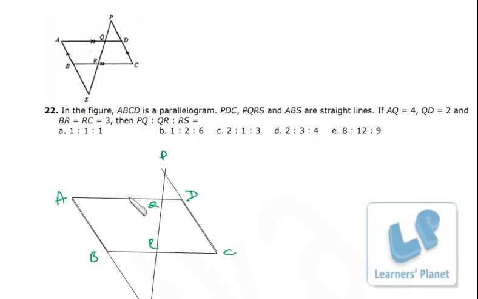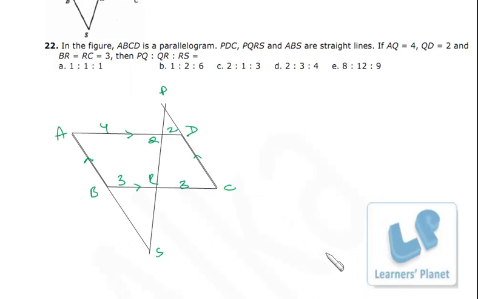This line is parallel to this line and this line is parallel to this line. AQ is equal to 4, QD is equal to 2, BR is equal to 3, RC is equal to 3. So we have to find out PQ is to QR is to RS. Precisely we have to find out the breakup of PS.